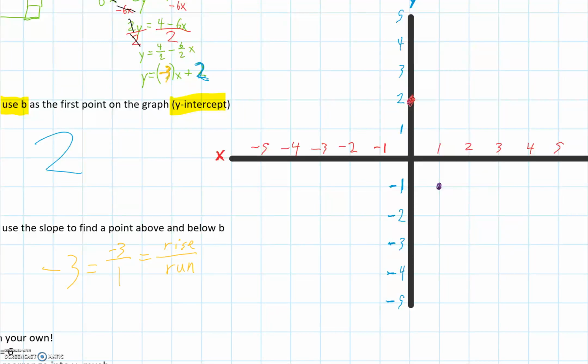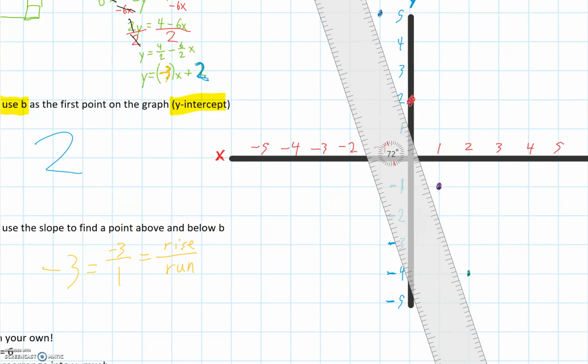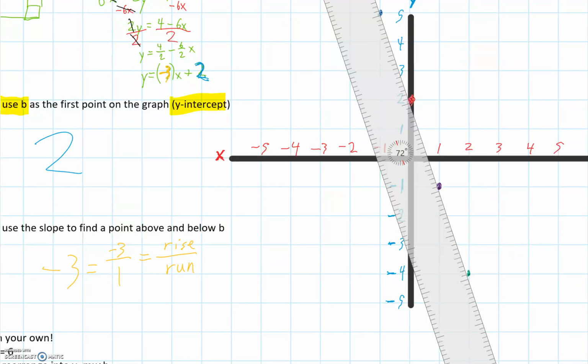I'm going to do it again, except in the other direction: up 3, so 1, 2, 3, and to the left 1. If you follow this along, this should be my graph. Let's see if I can draw it here. That's pretty close.